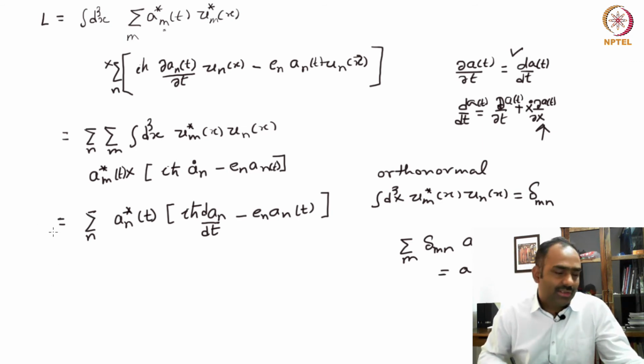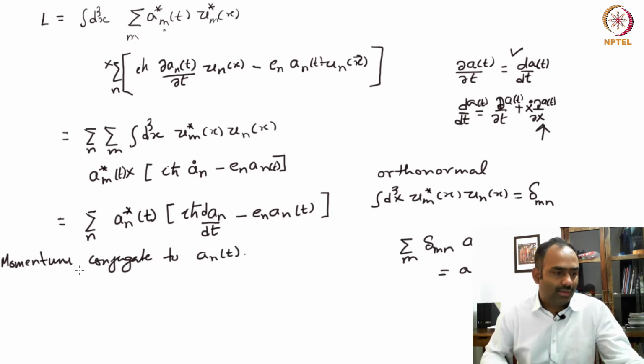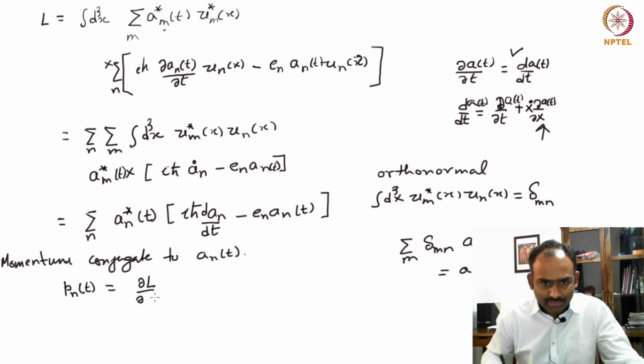So, let us construct the momentum conjugate to a_n of t. And how do you get that? If I define that conjugate momentum to be p_n, then p_n will be the partial derivative of the Lagrangian with respect to q dot.